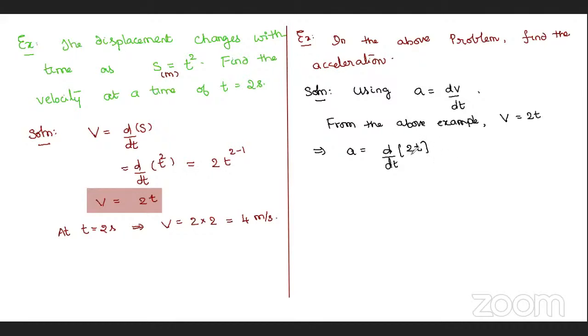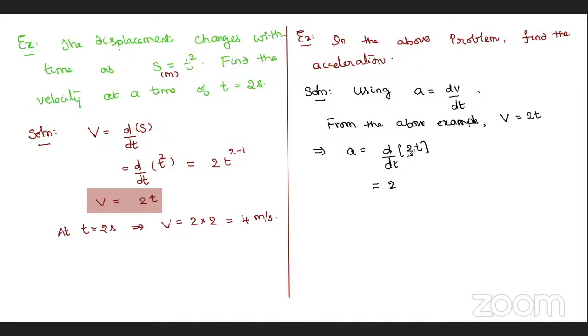If there is a constant in the form of multiplication, that constant can be taken out of differentiation. 2 is a constant and it is in the form of multiplication. In multiplication the constant can be taken out. That's what I'm repeating. Here 2 is taken out since it is a constant and it is in the form of multiplication.